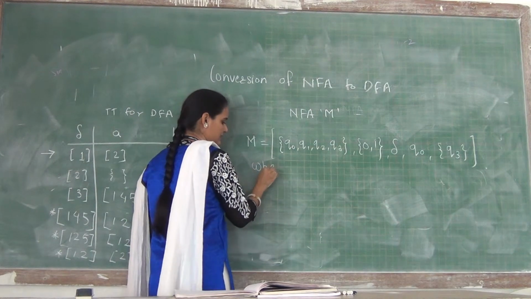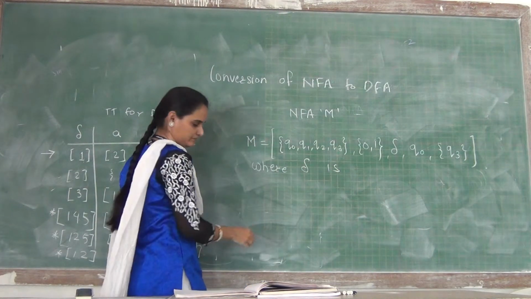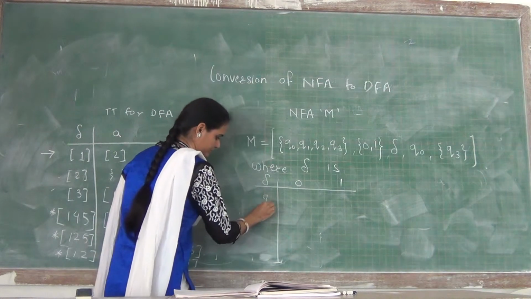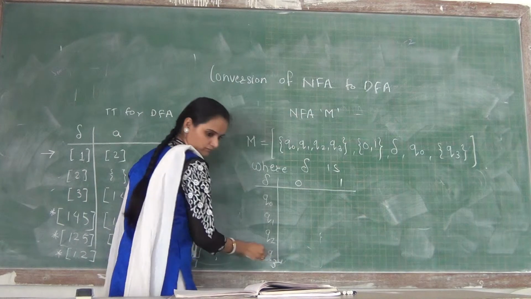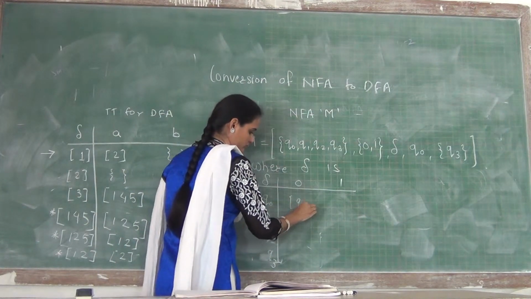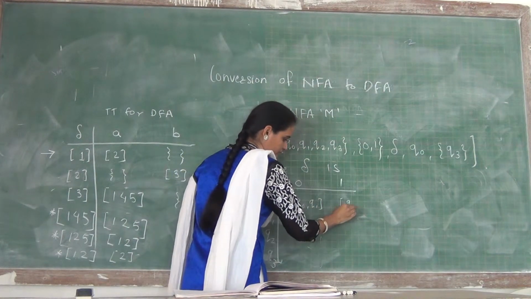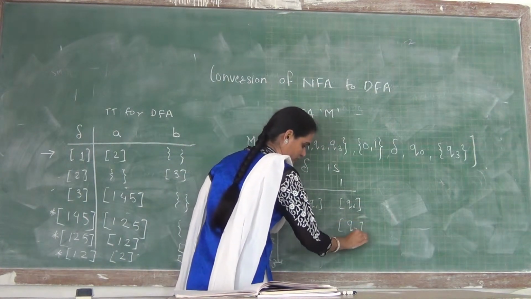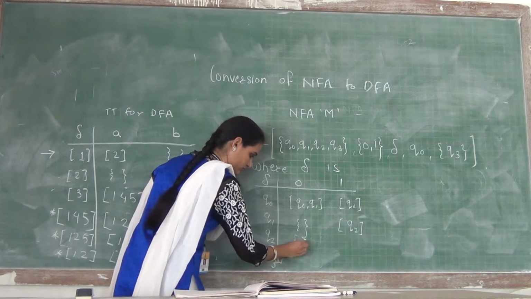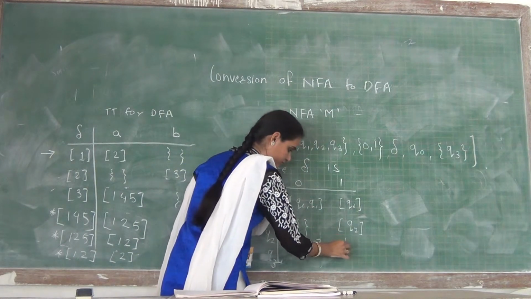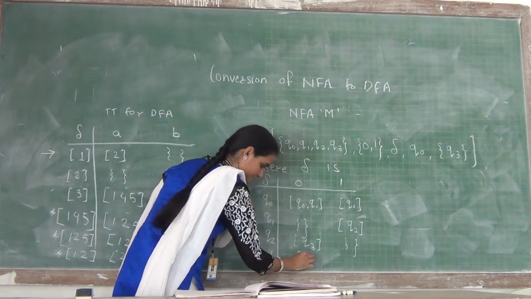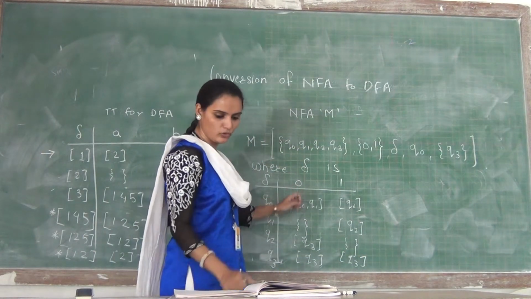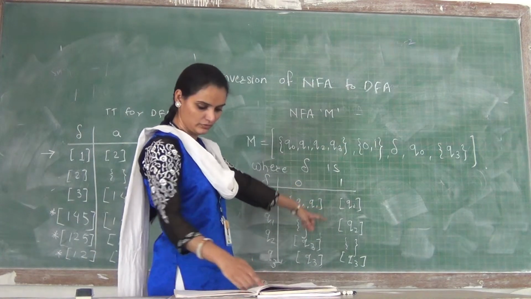So where delta is, take down: Q0 on 0 it goes to Q0, Q1, on 1 it goes to Q0.